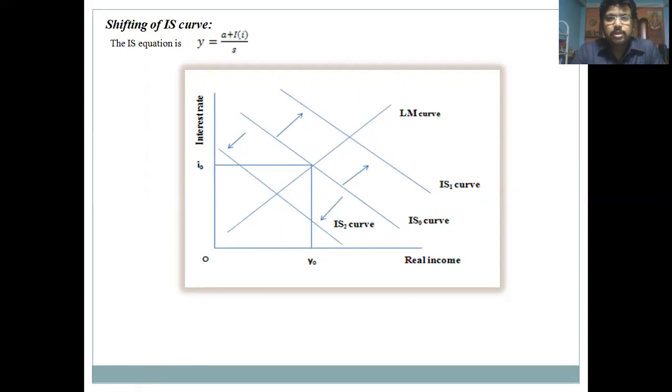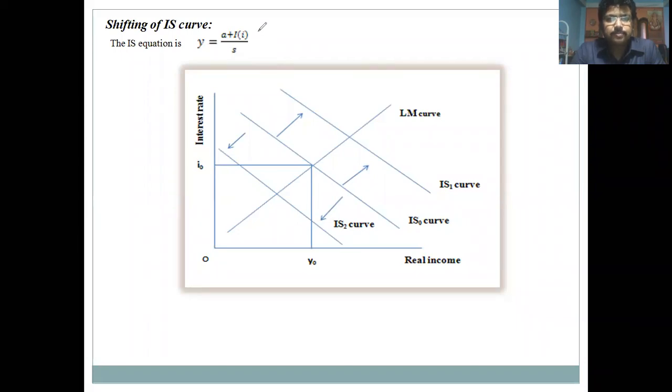Look, it is known to us that the equation of the IS curve is this. In my previous lecture, I have told about this. Here Y is the real output, A is the autonomous saving, I is the investment, small i is the interest rate, and S is the marginal propensity to save.